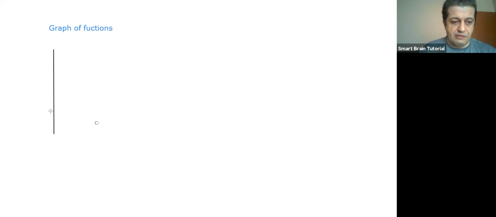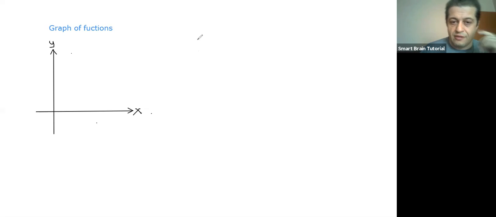So maybe you know that the graph of a function contains two axes, a horizontal axis that contains the values of the independent variable x, and the vertical axis that contains the values of y, or the dependent variables.